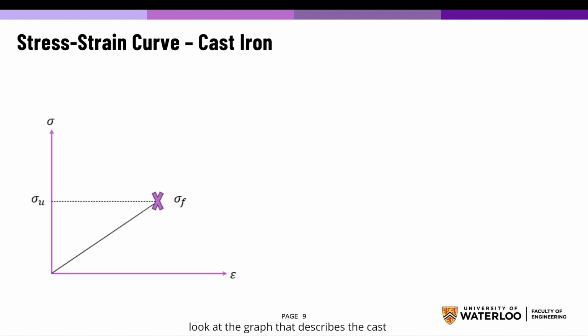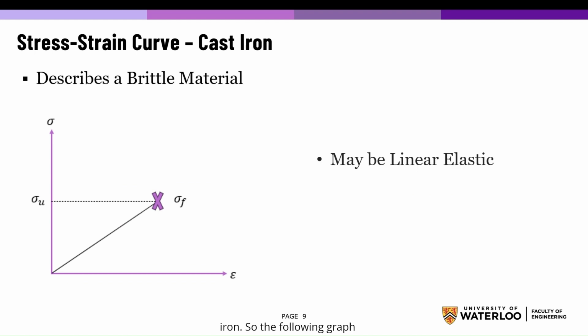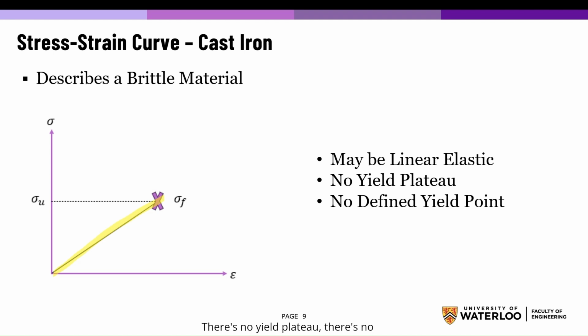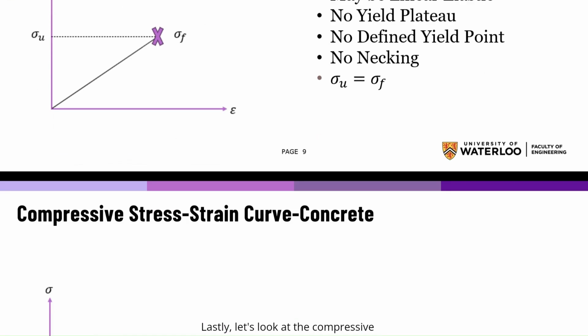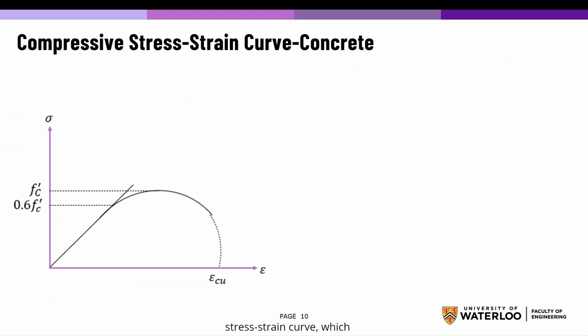Now let's look at the graph that describes cast iron. The following graph describes a linear elastic trend. There's no yield plateau, there's no necking, and the ultimate or maximum stress is equal to the fracture stress. Lastly, let's look at the compressive stress-strain curve, which occurs in concrete.